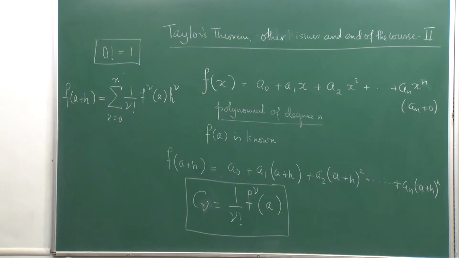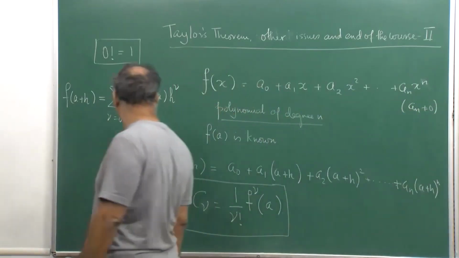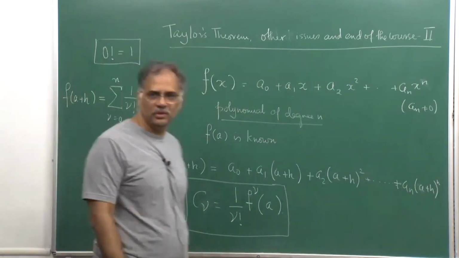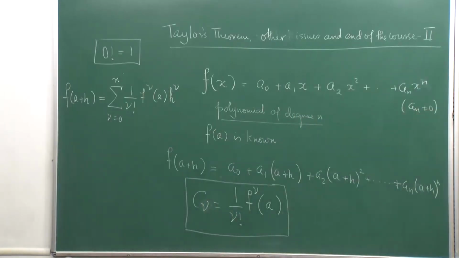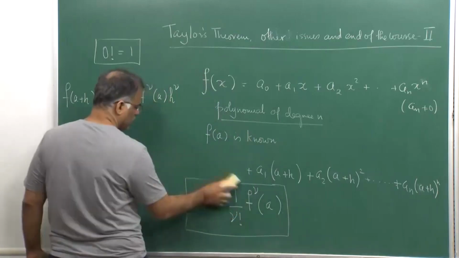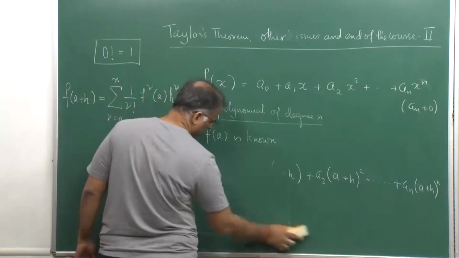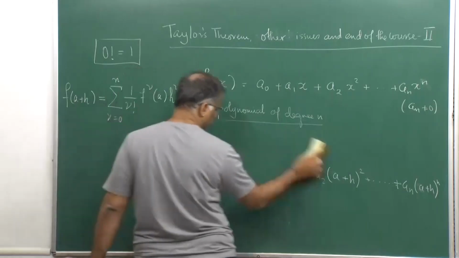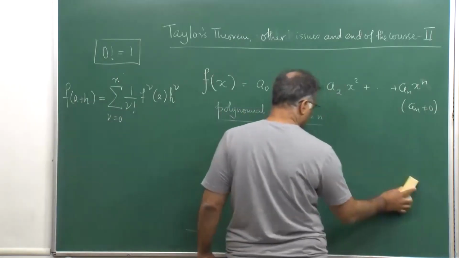The intuition that Newton gave to Taylor was the following: if you do not have a polynomial function, then what would be the situation? Suppose f is differentiable and continuous up to n times, or it is differentiable n plus 1 times, whatever.